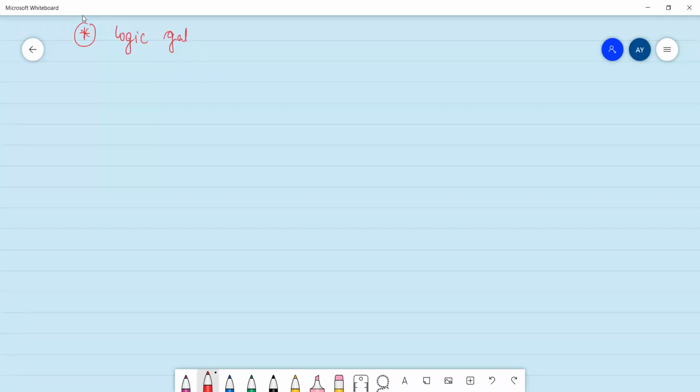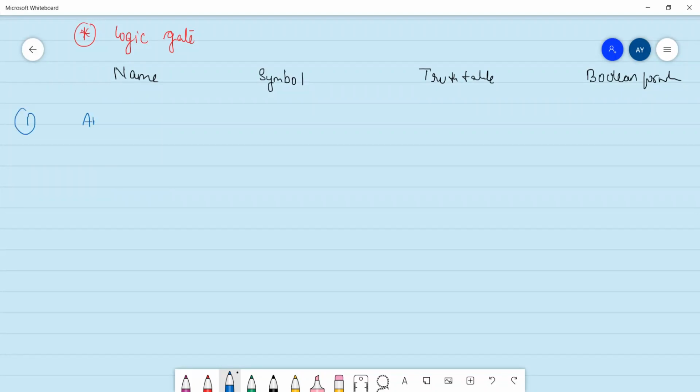We'll be dividing this into name, then you will be having the symbol of the gate, and then you will have the truth table, and then you will have the Boolean form. I hope everyone knows what is Boolean. Boolean formula. So let us just quickly start with the first one, that is AND.